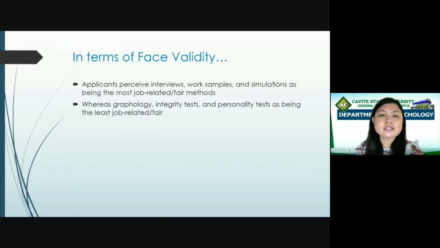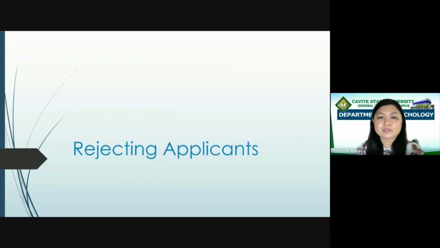In terms of face validity, applicants perceive interviews, work samples, and simulations as being the most job-related, fair methods, whereas graphology, integrity tests, and personality tests as being the least job-related, fair. Graphology is yung sa hands, sa writing, yun daw ay poor when it comes to determining job-related issues and concerns.